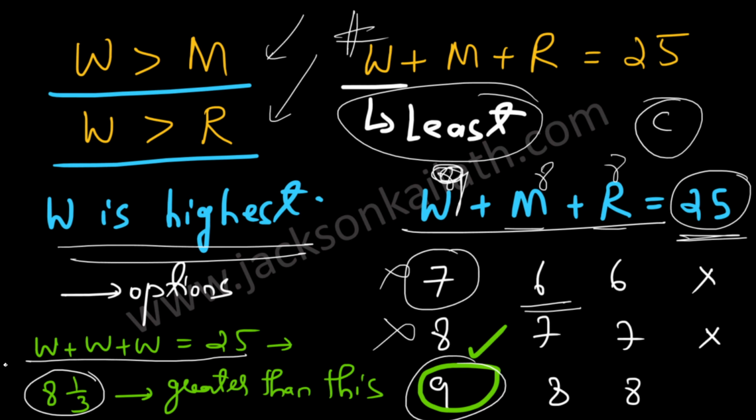So the minimum value is the next whole number greater than 8 1 by 3, which is 9. Then you can check whether it will work for the others. The greatest value you can give to the others is 8 and 8. So 9 plus 8 and 8 satisfies it. This is another way to arrive quickly at the answer of 9.